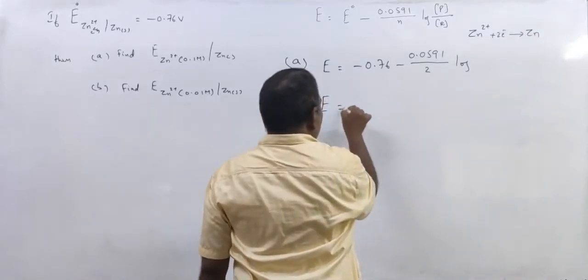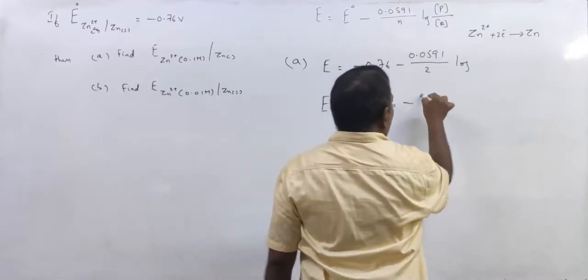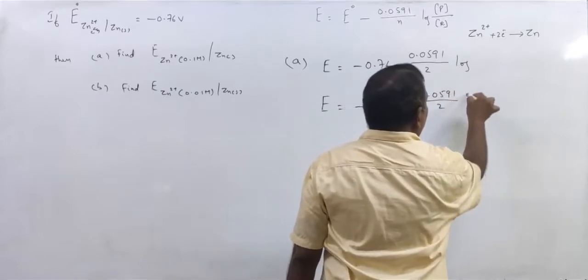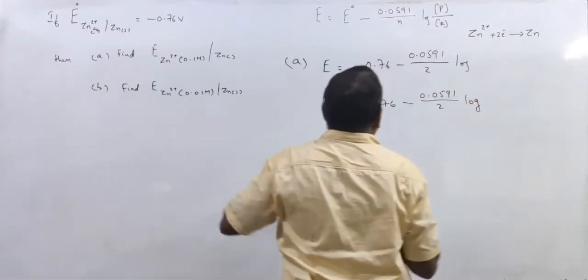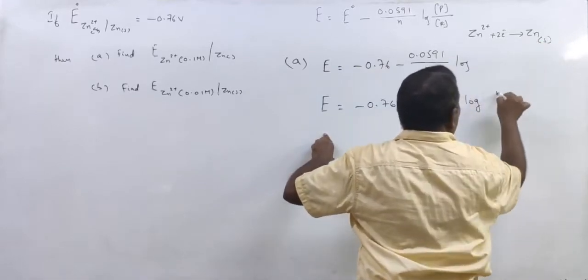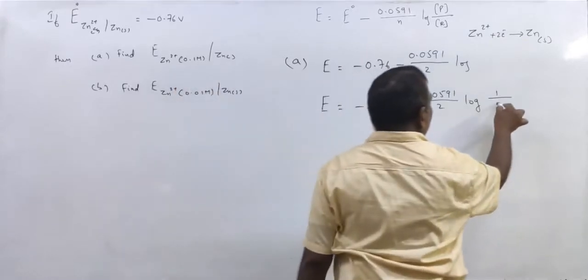So E is equal to minus 0.76 minus 0.0591 by 2 log, Zn active mass is 1, Zn2+ active mass is 0.1.